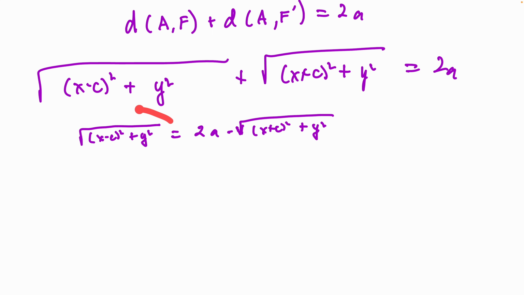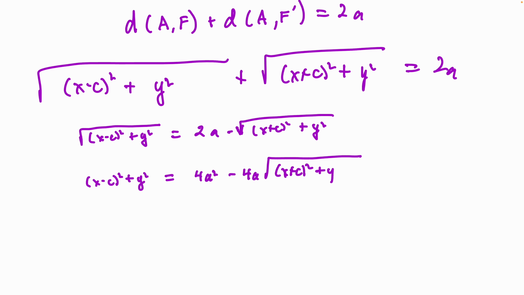And now we have one radical isolated so that we can remove this radical by squaring both sides. Two a times 2a is 4a squared. Get 2a times that radical 2 times, so negative 4a, and then the radical. And then the radical times itself will remove the radical and leave you with the radicand.